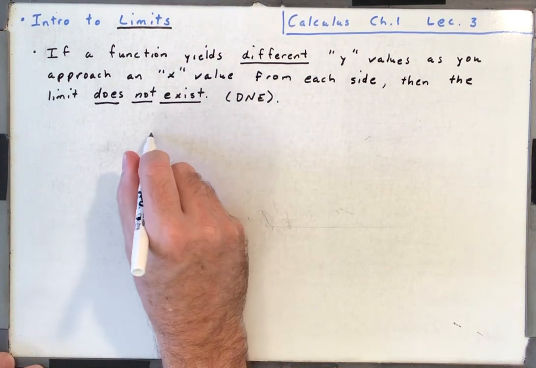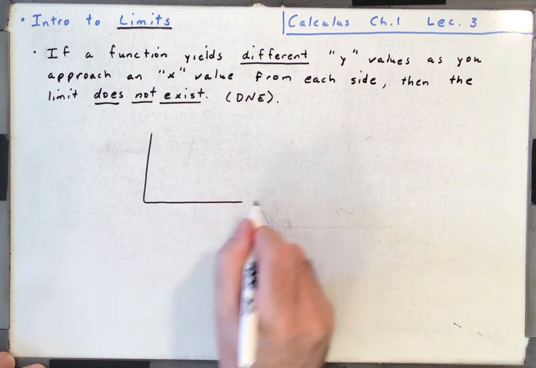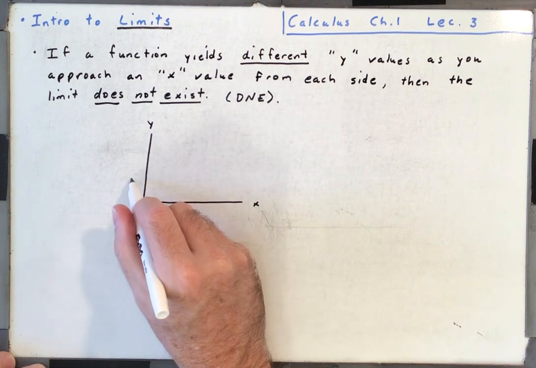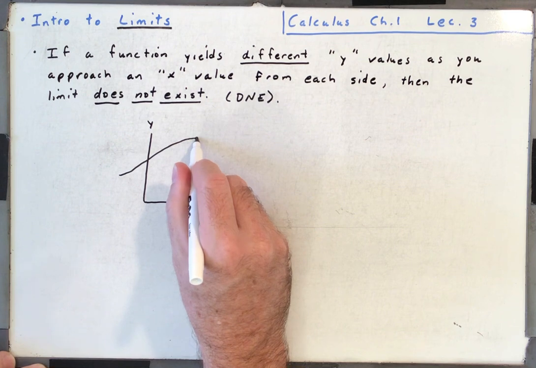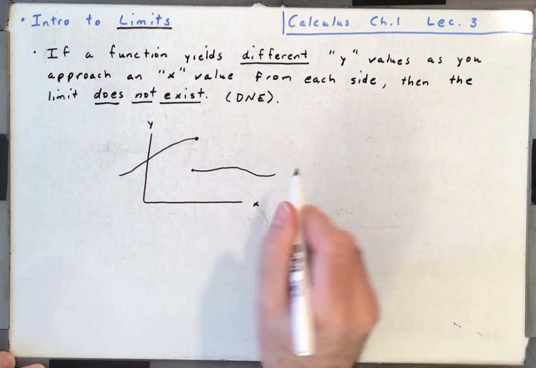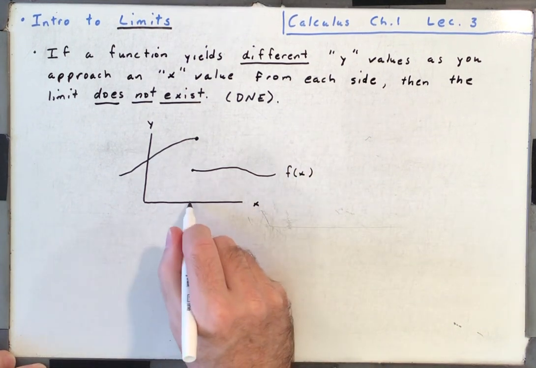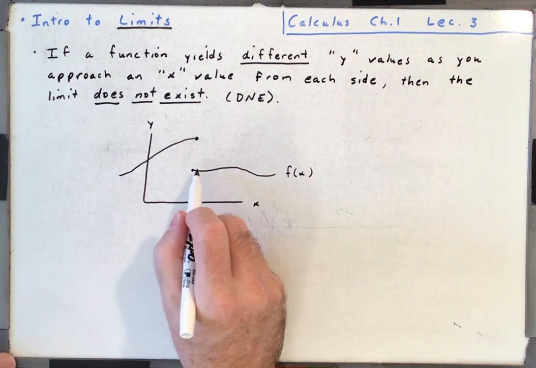Okay, let me draw what I'm talking about here. So again, x, y. Let's say we have a function that has a break in it. At this point 5, there is a break in the function.